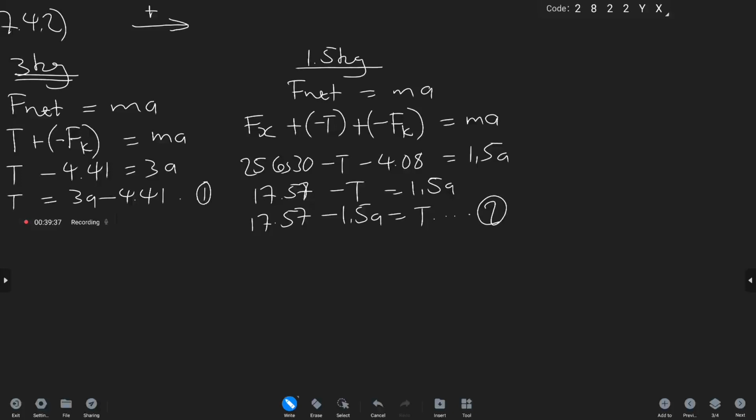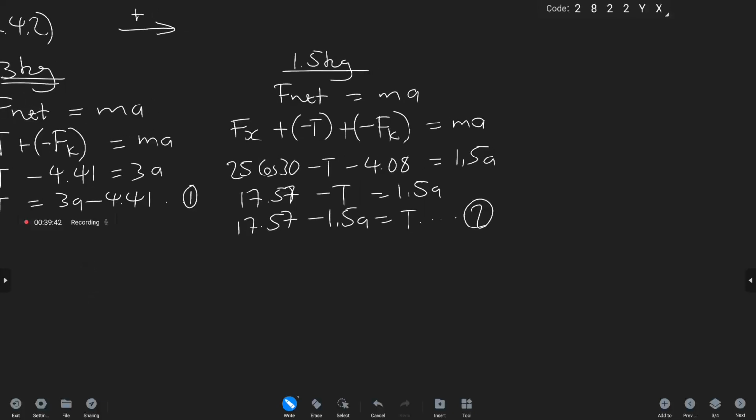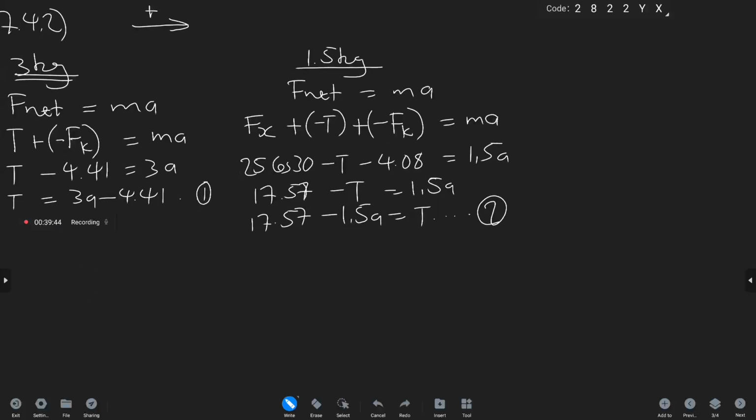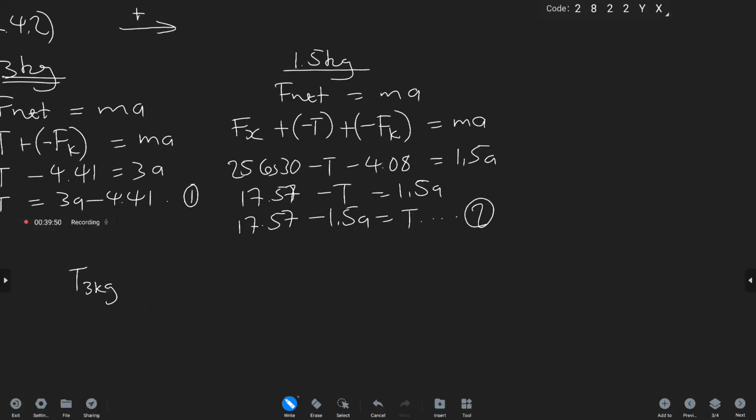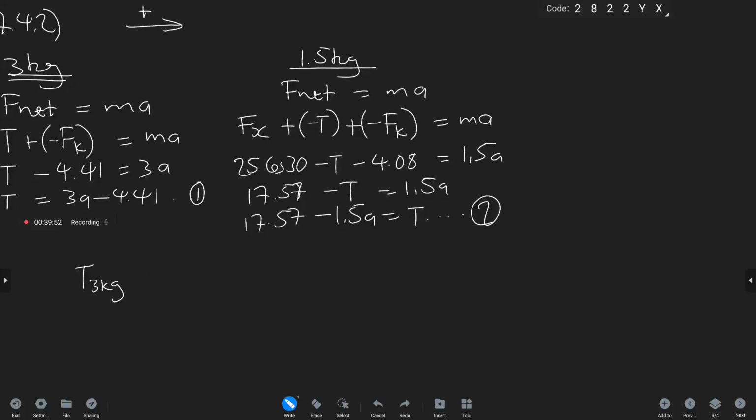We know the tension on the 3 kg block is equal to the tension on the 1.5 kg block, sorry. Therefore, from that, we can then conclude that 3a minus, or plus, supposed to be positive.